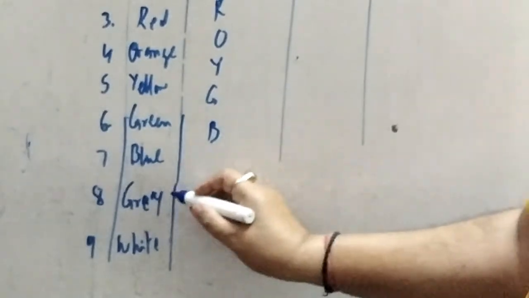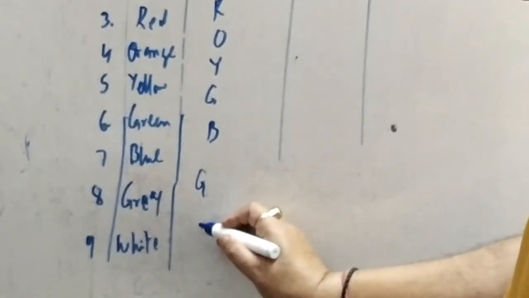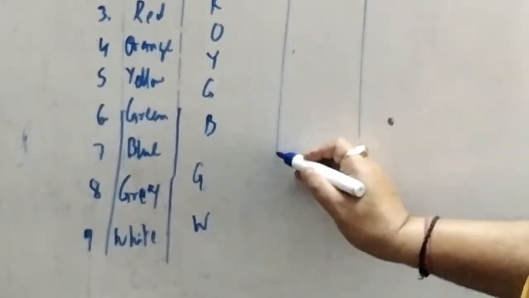The letter is capital G, and this is your W.